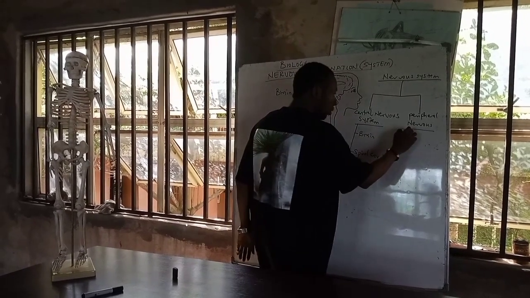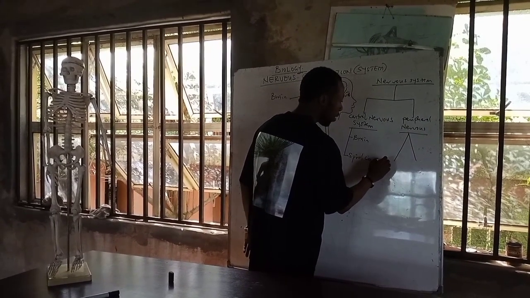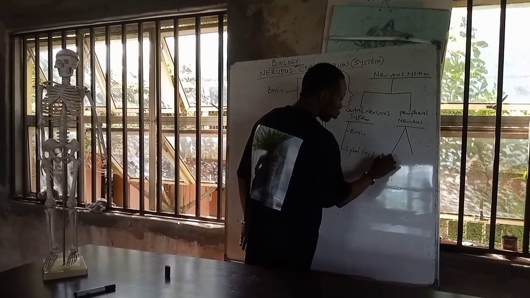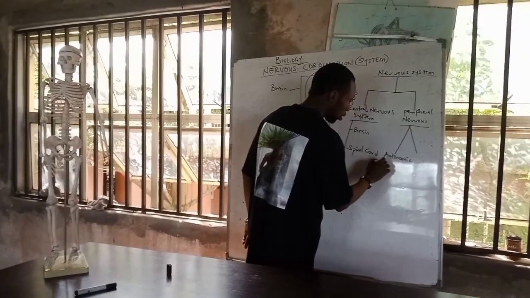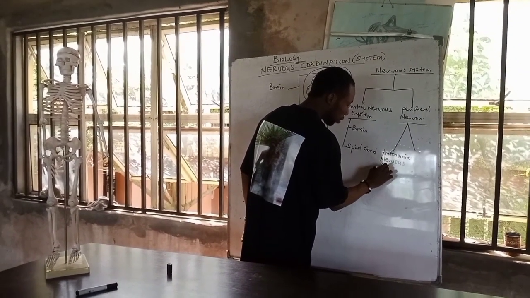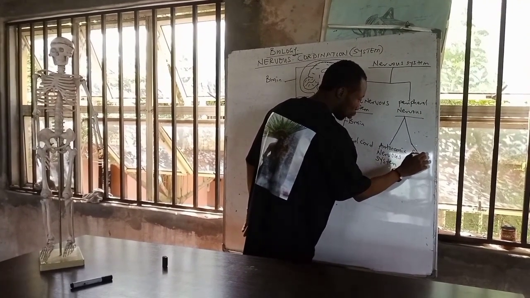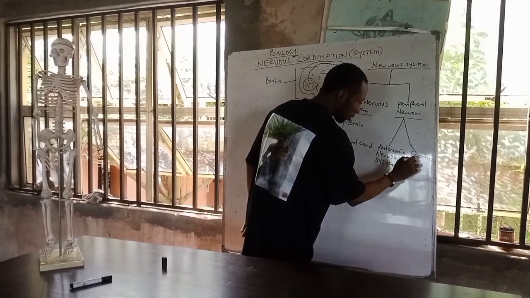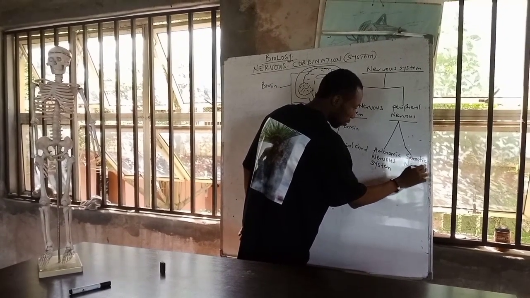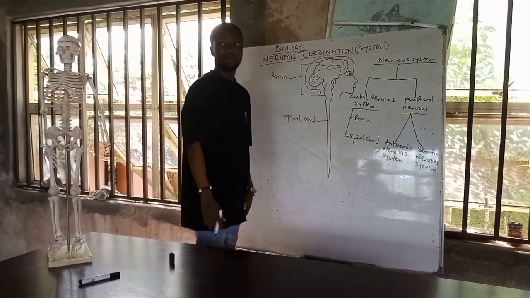The peripheral nervous system is divided into two here, which are the autonomic nervous system and the somatic nervous system.